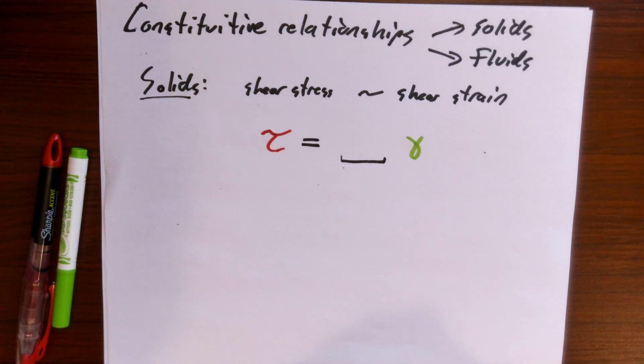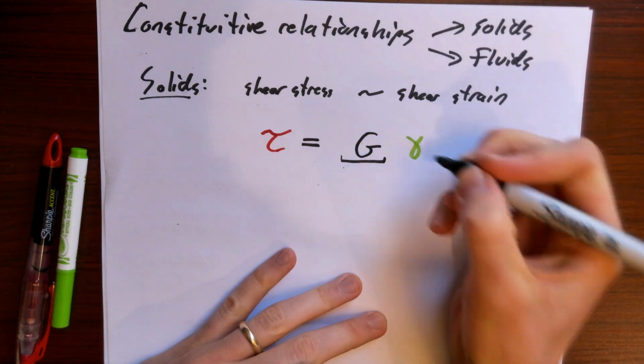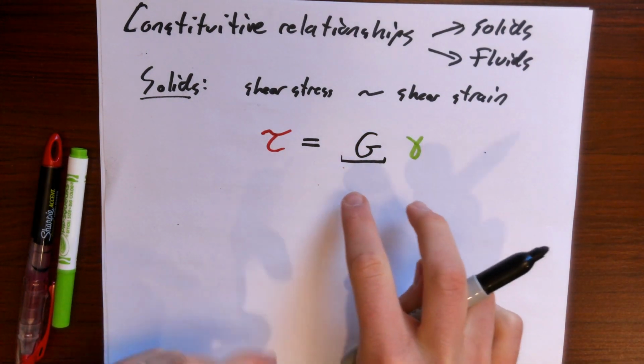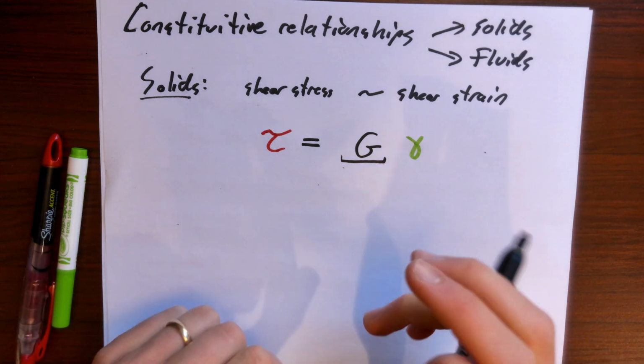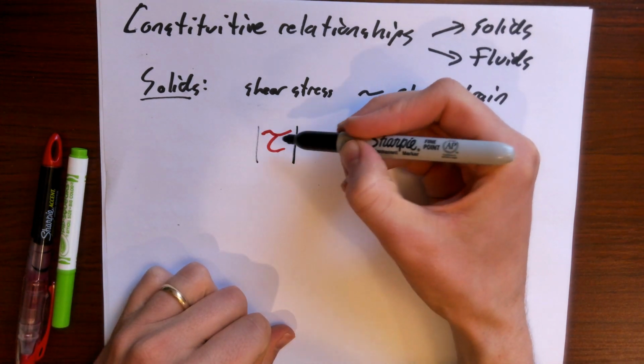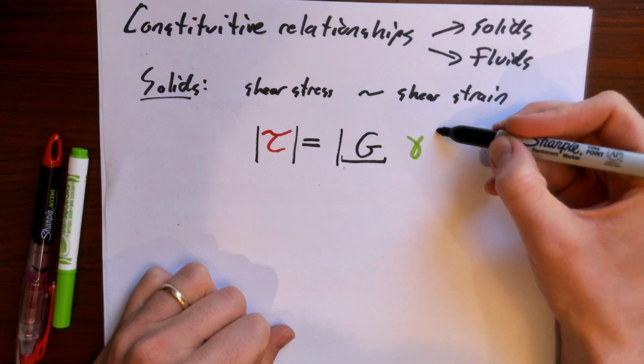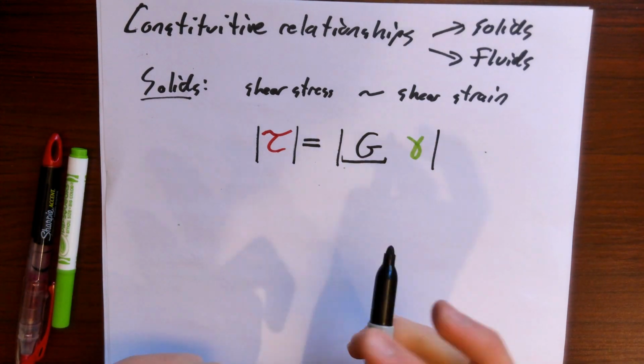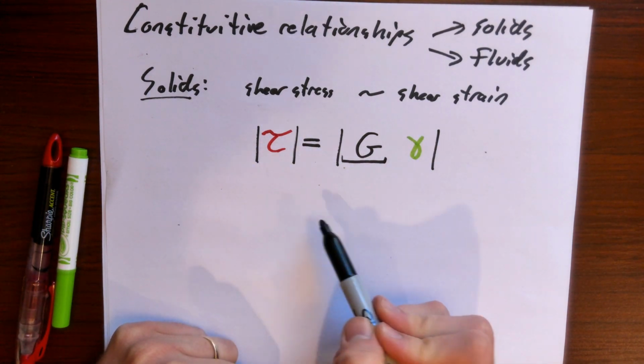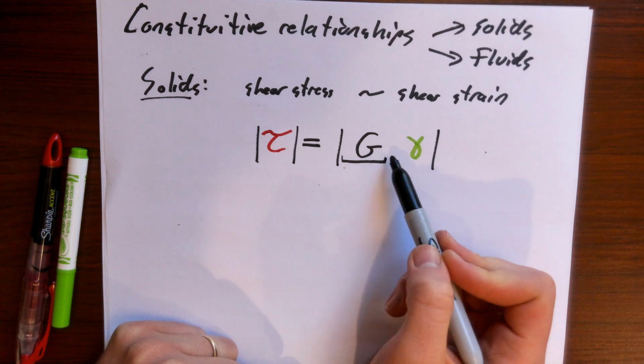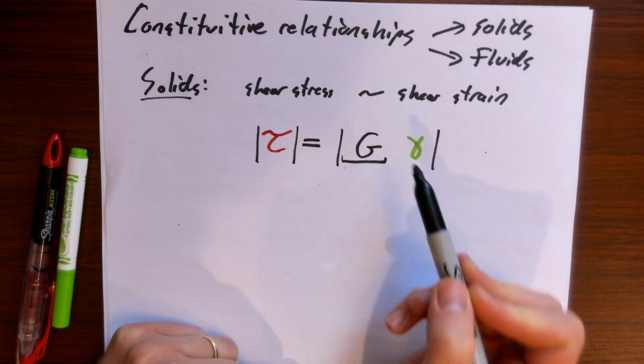And for solids, I would call this quantity G. And just because of sign conventions and all that stuff, let's just be Sith and work in absolutes. We're just saying the magnitude of shear stress is proportional to the magnitude of shear strain times this quantity.